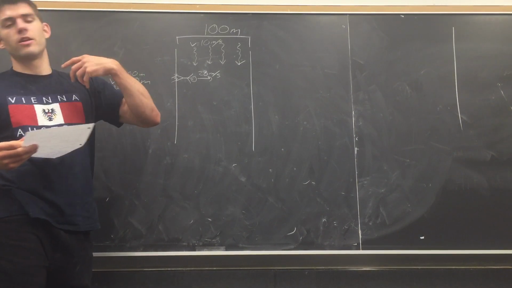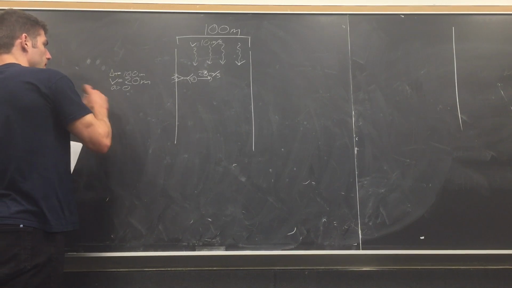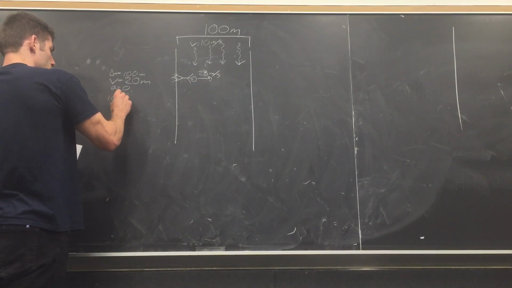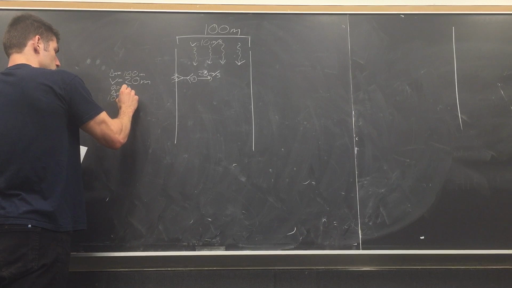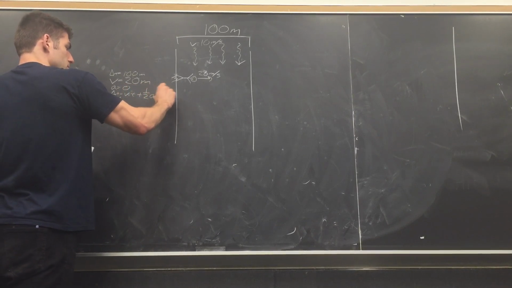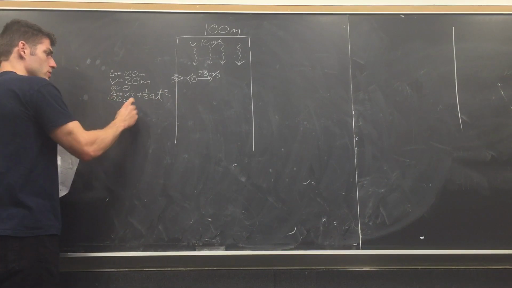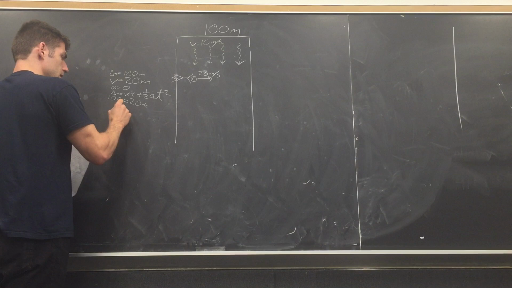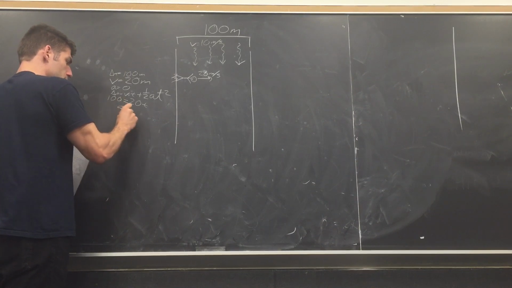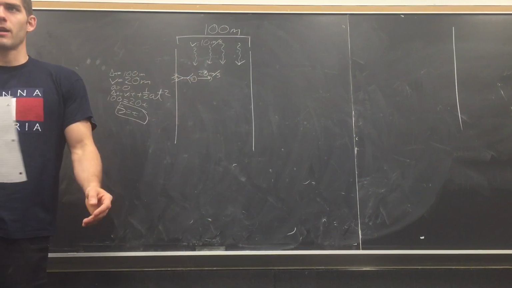If they just say your velocity is 20, and they don't say anything else, assume it's constant. In this case, I could say delta x is equal to initial velocity times time plus 1/2 acceleration times time squared. So 100 is equal to 20 times t, and maybe intuitively you figured it out, but that's at least how we would write it mathematically. It takes 5 seconds to get across.